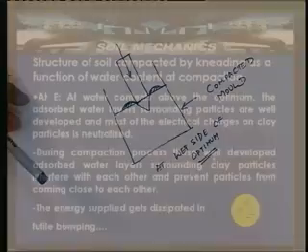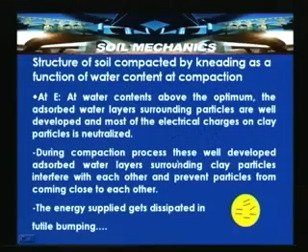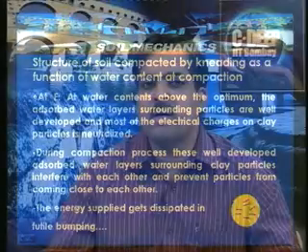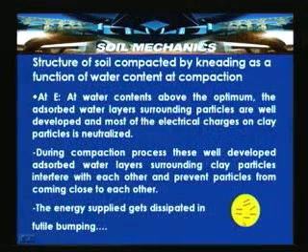These well developed adsorbed water layers surrounding the clay particles interfere with each other and prevent particles from coming close to each other. This can happen on the farther wet side of the optimum. That is the reason why it is very difficult to compact clay soils on the wetter side of the optimum. The resulting dispersed structure at this point is shown here.